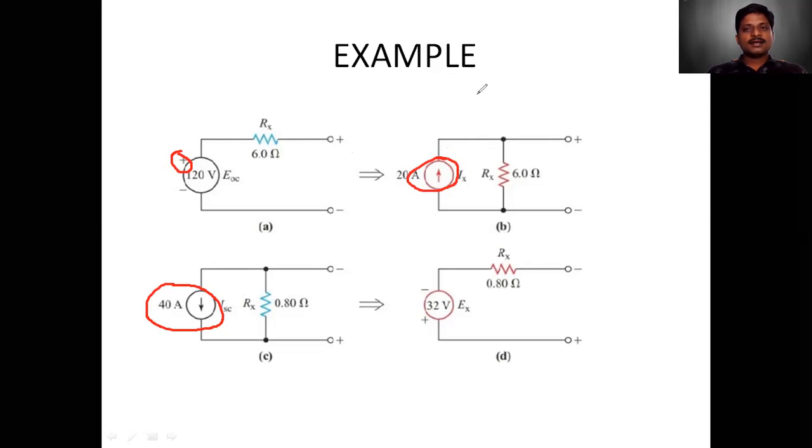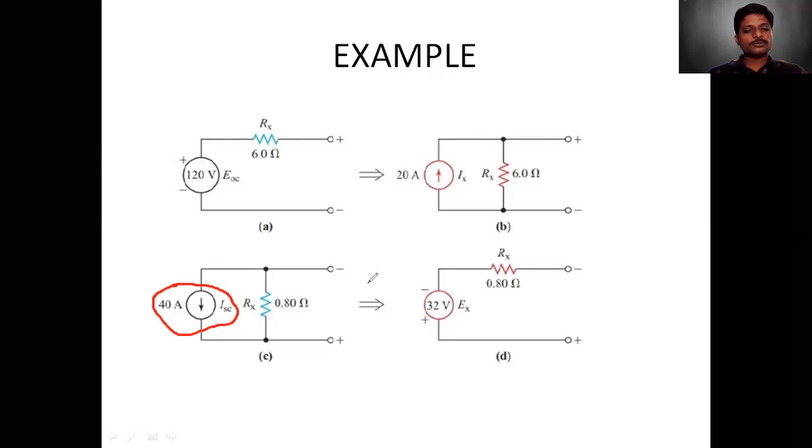Now we will be looking into source transformation from current source to voltage source. So how do we transform a current source into a voltage source? As you can see here, 40 amperes is the value of the current, and the direction is also given here, and 0.80 ohms is the internal resistance of the practical current source.